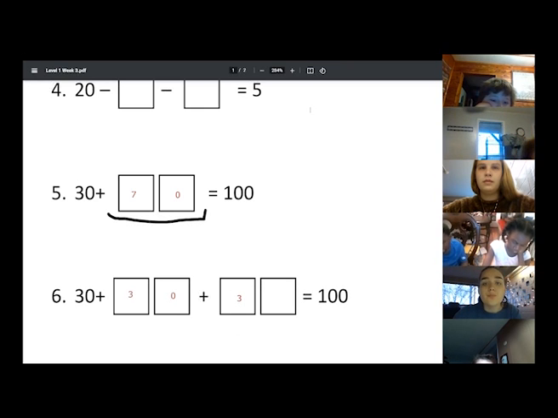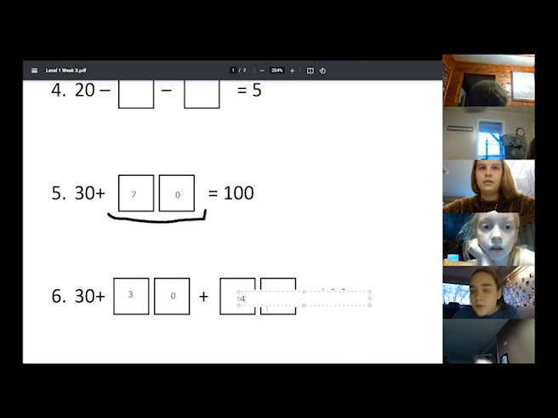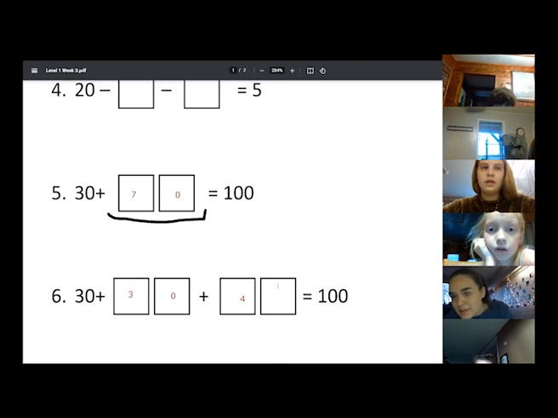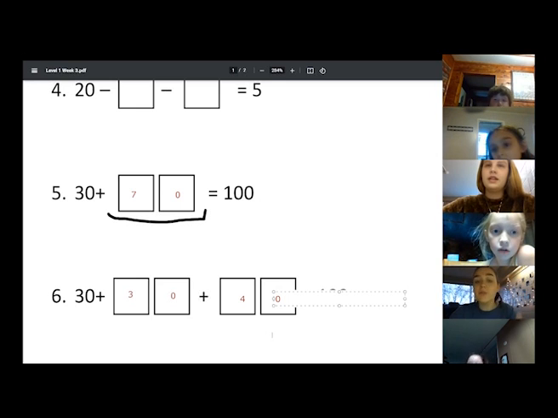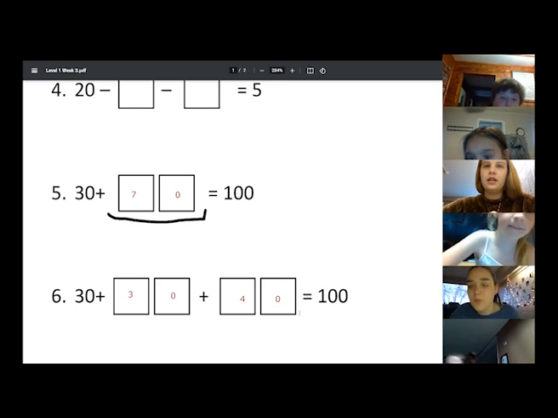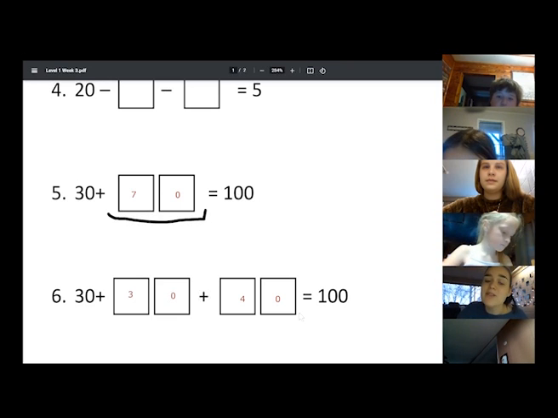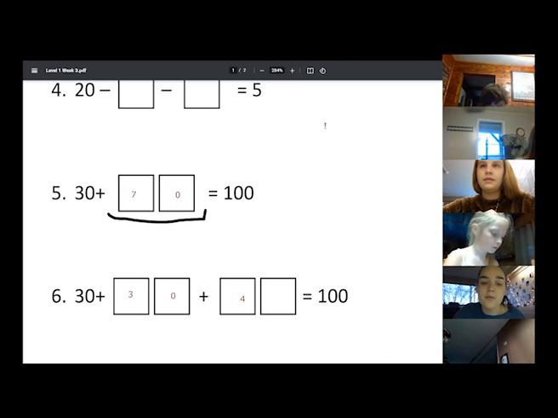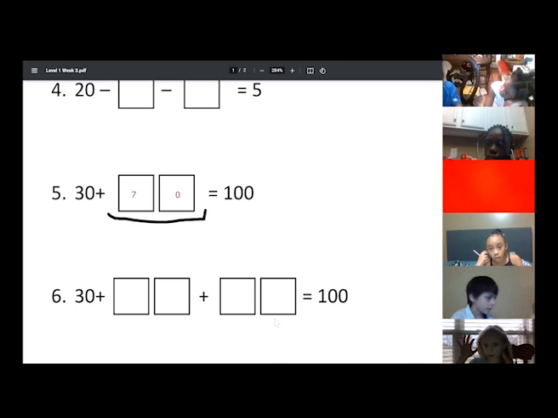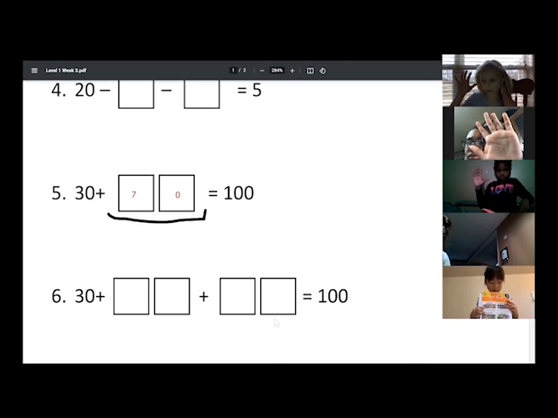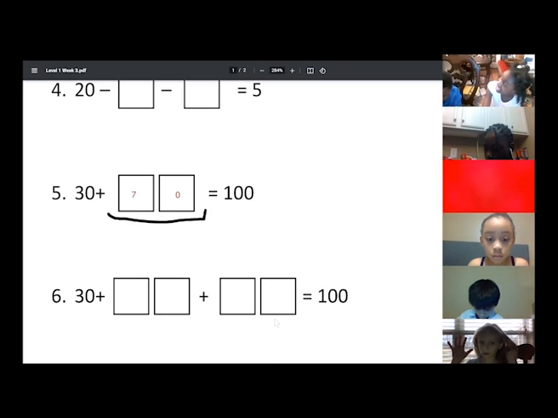Can I try? Who is that? I can't see you. It was Scarlett. Scarlett, would you like to try? Okay, so we can't use the 0 twice is our problem, even though those would add to 70 and work. So let's try something else. Scarlett, what ideas do you have? Well, I used zeros twice, but you can't use zeros twice. I took 30 and 30. I knew that 30 and 30 were 60.